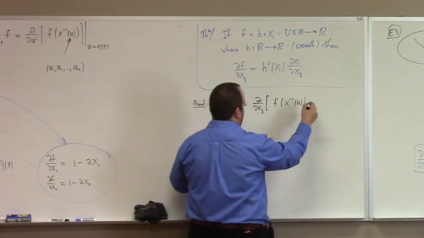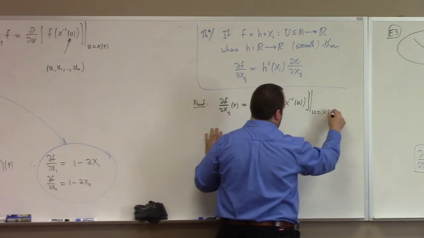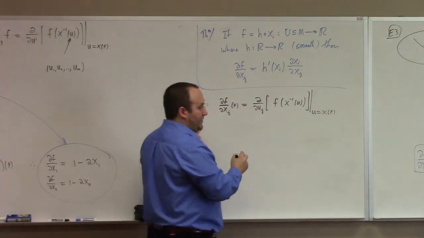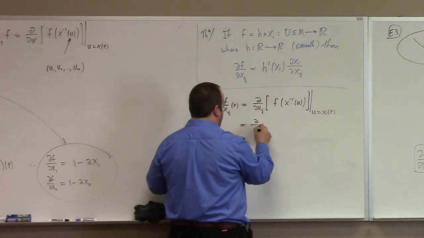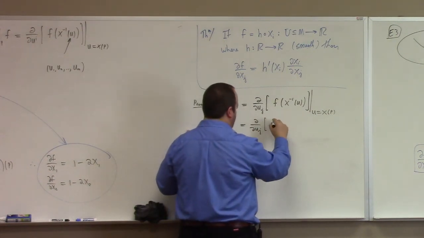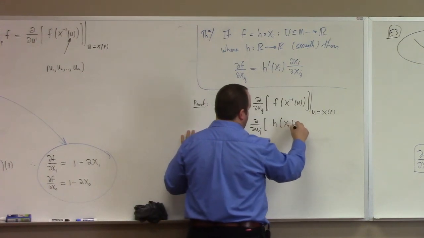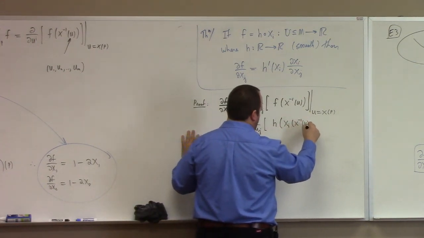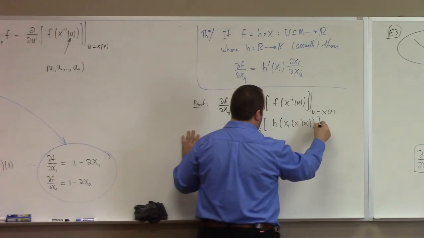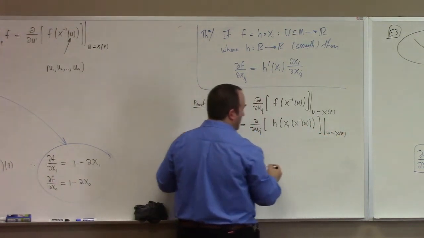We differentiate this thing, and then after it's done, we put u equal to x of p, right? But what is that? That is partial uj. By construction, this is h of xi of x inverse of u, putting u equal to x of p after we're done.